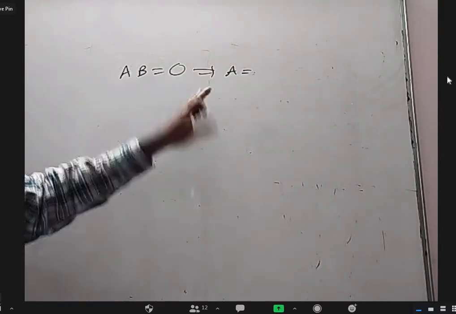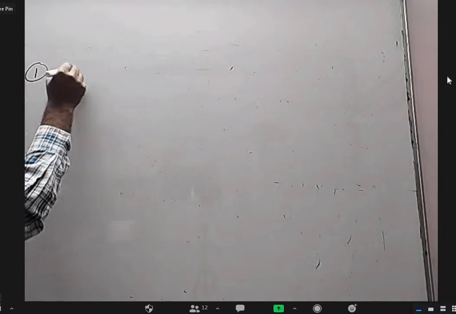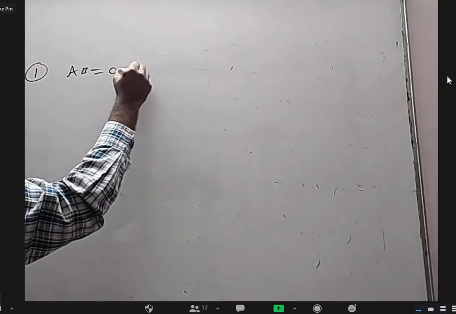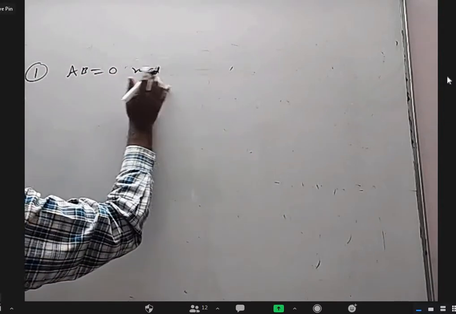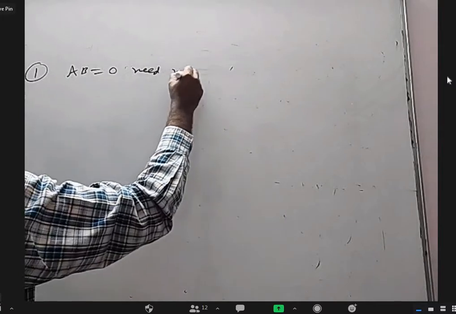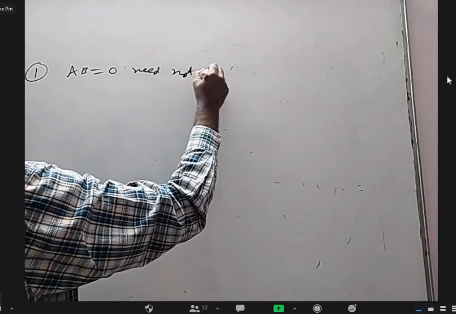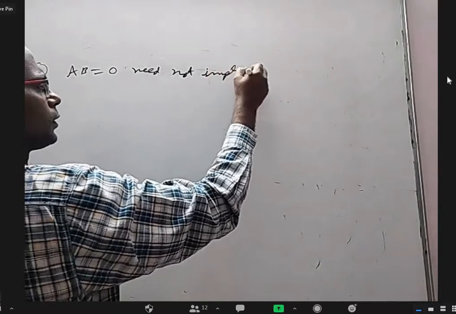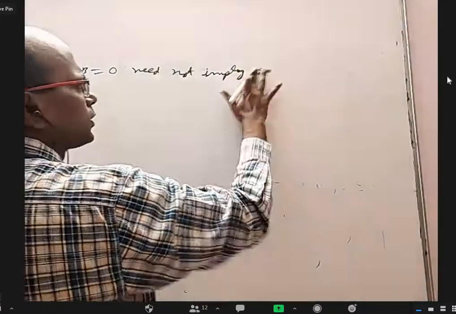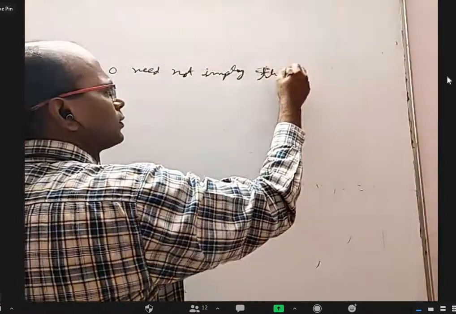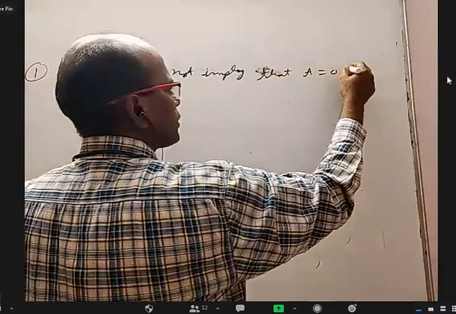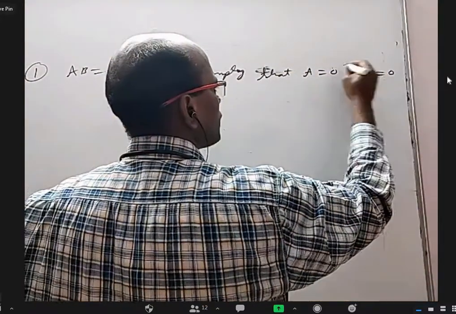One should not think one of them must be a null matrix. So I want to write a few points. First point, AB equal to null matrix need not imply that A equal to null matrix or B equal to null matrix.